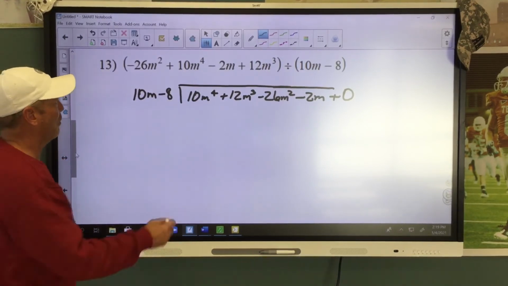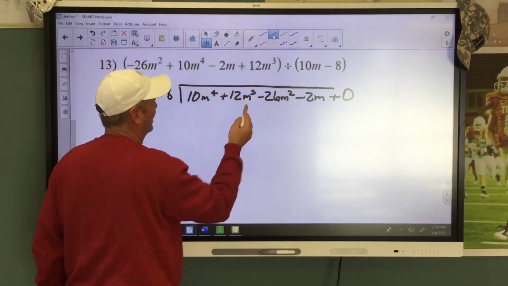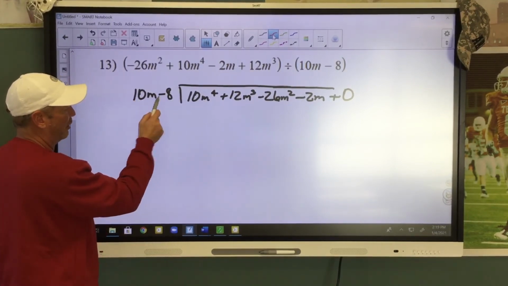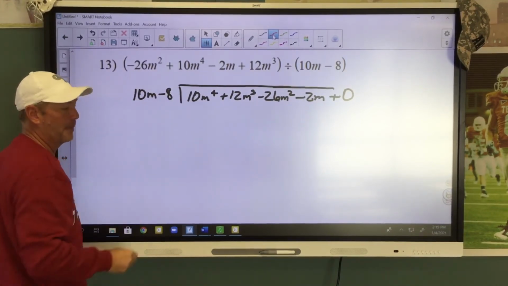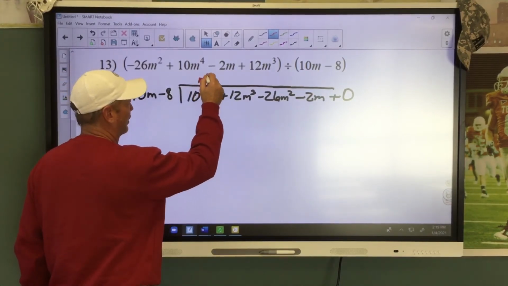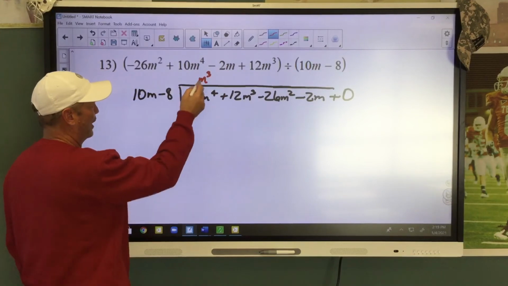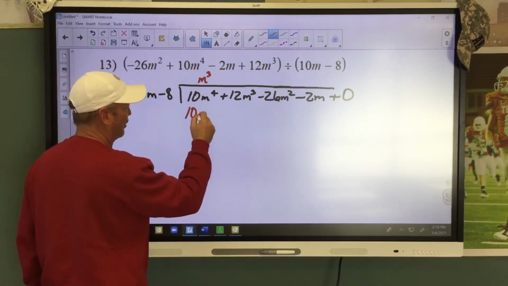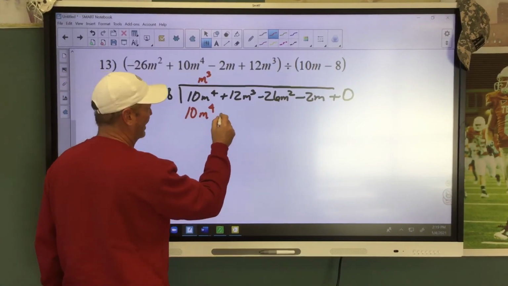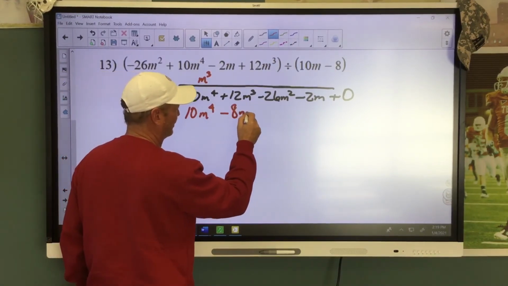Okay? So my goal is to make this term match that term. Numerically, the coefficients are the same. I just need an m to the third. So when I multiply, that will give me 10m to the fourth. And when I multiply, that will give me negative 8m to the third.